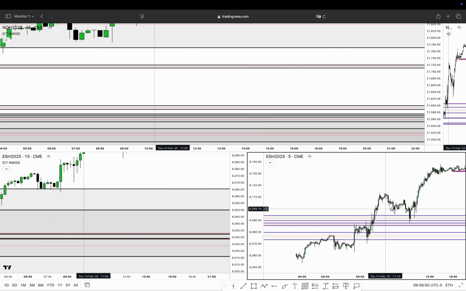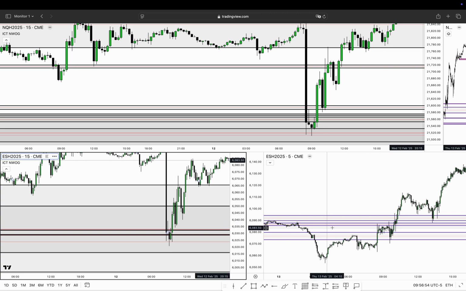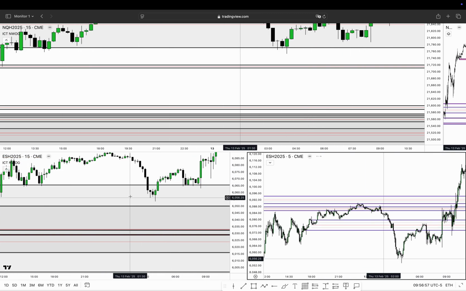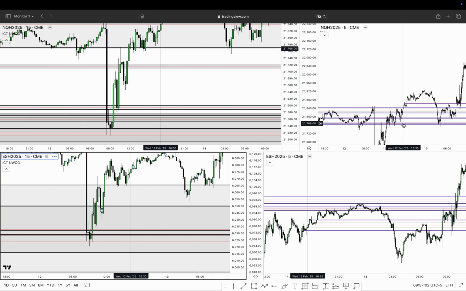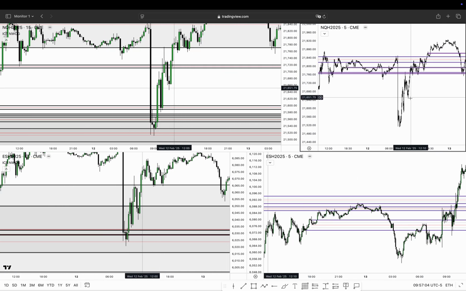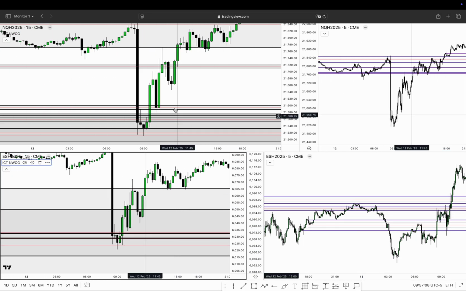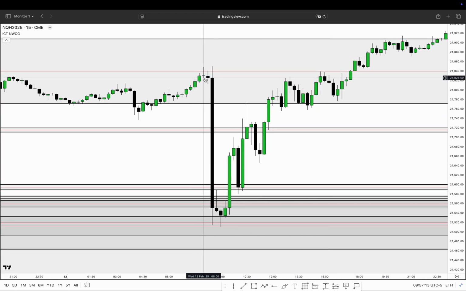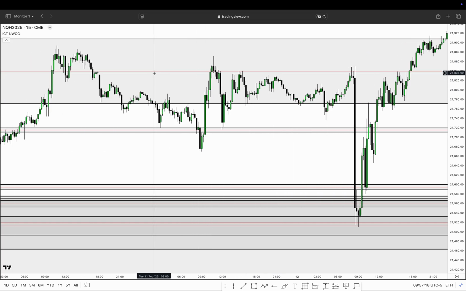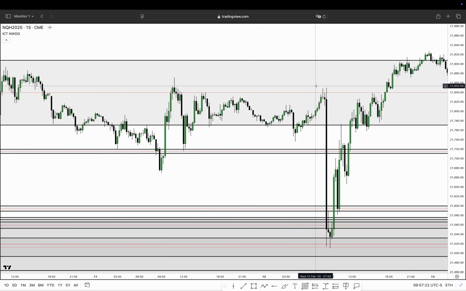But look, what's this day? Yeah. So the buy side liquidity resting from the news release was basically at the 50%, the consequent encroachment, of this new week opening gap.